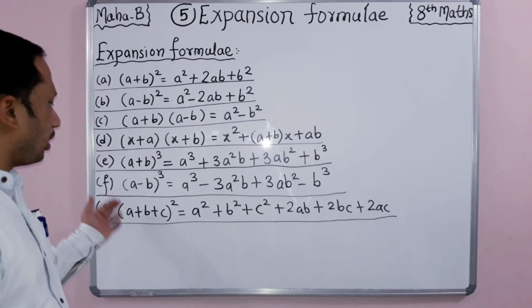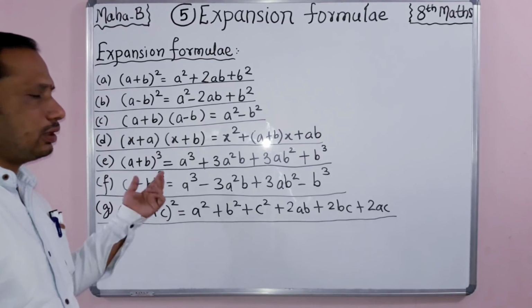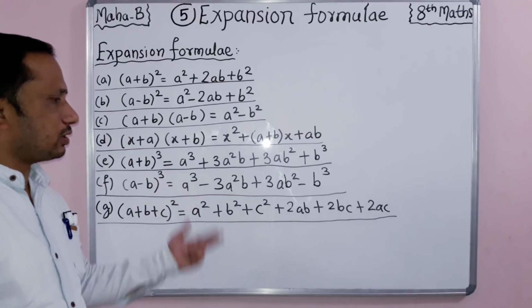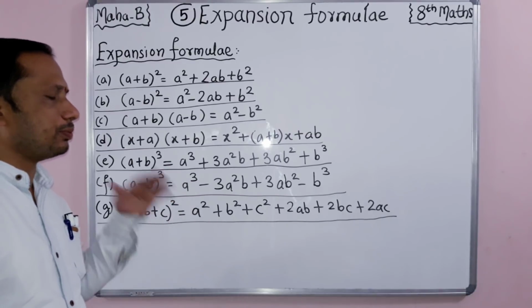And last, (a plus b plus c) whole square is a square plus b square plus c square plus 2ab plus 2bc plus 2ac.